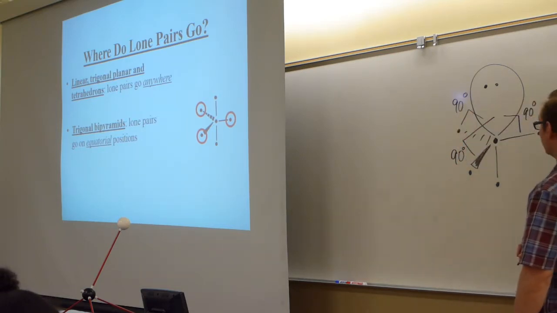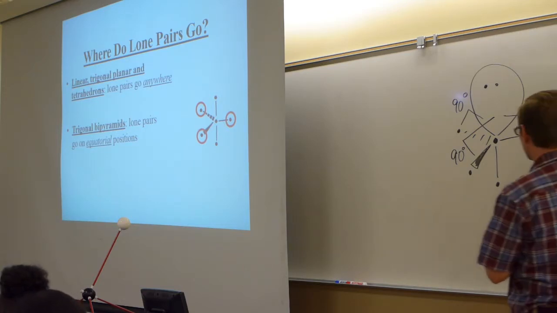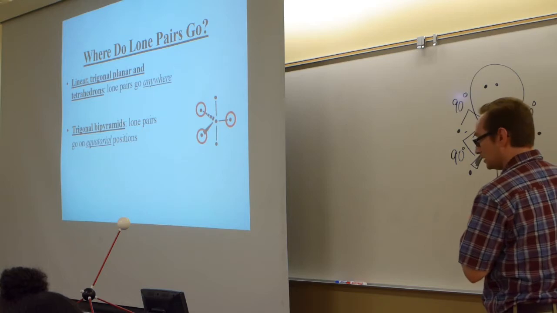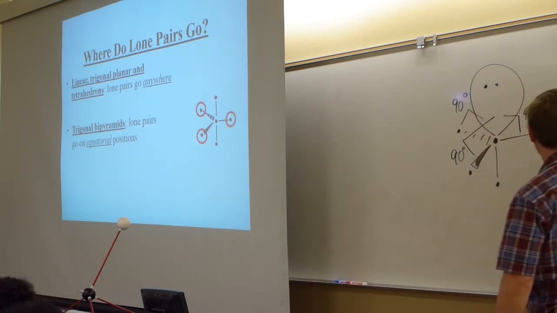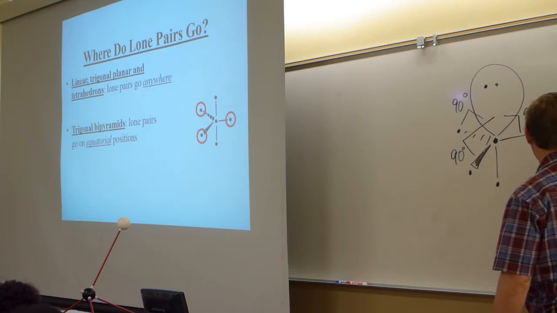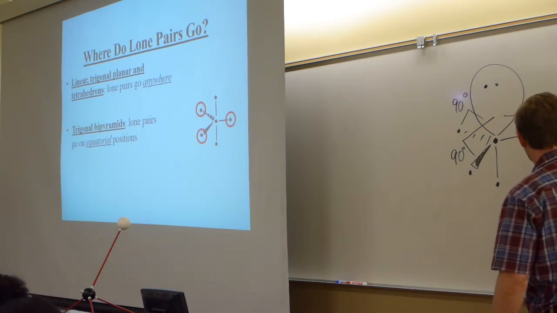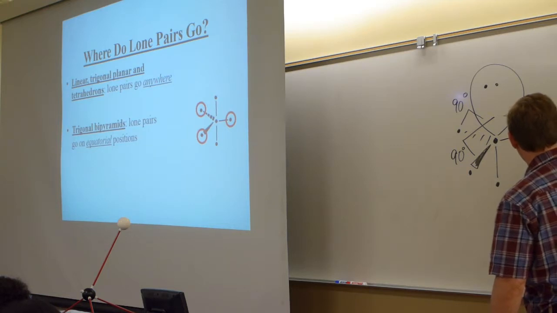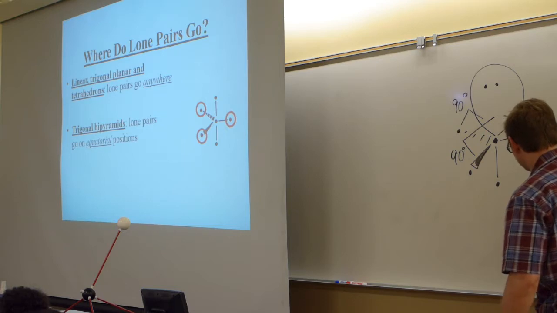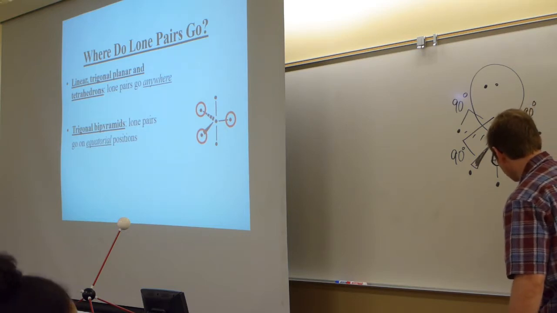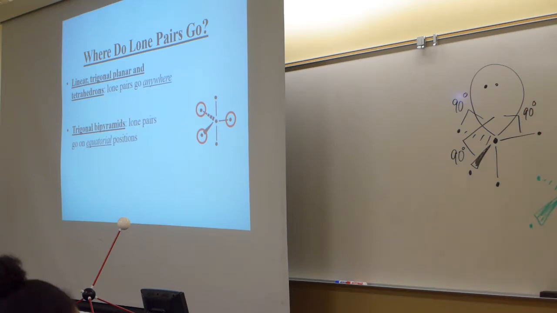But we don't like that. What's better is if you draw this to where the lone pair is like this.